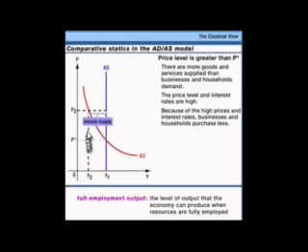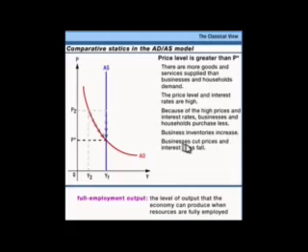In that case, the prices will begin to fall because stuff is piling up on businesses' shelves. Excess inventories lead businesses to cut prices. And as they do, then the demand for money falls because people don't need as much money to do their shopping. Interest rates fall, and consumers and businesses increase their spending until we get back to our equilibrium price level, P star. This is the way the classical economy works.